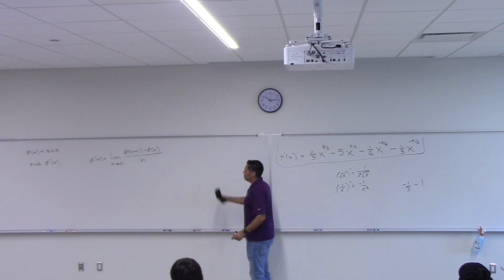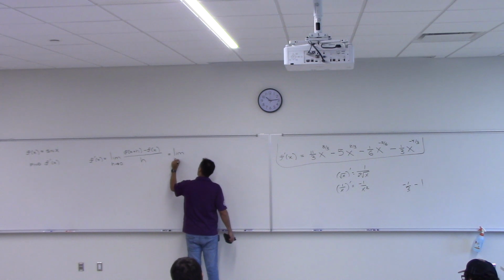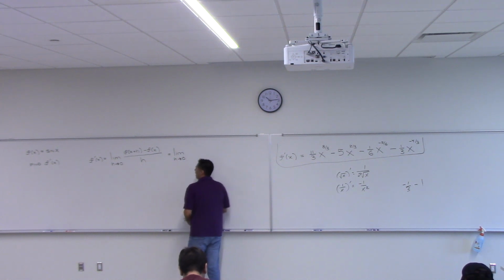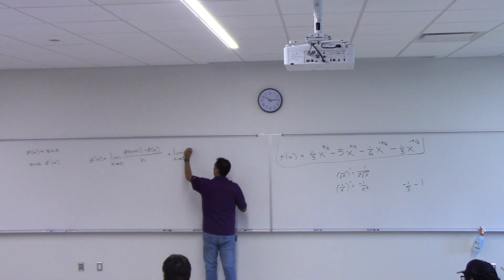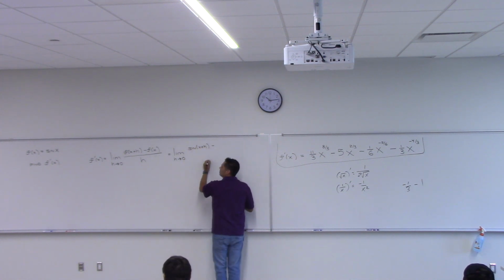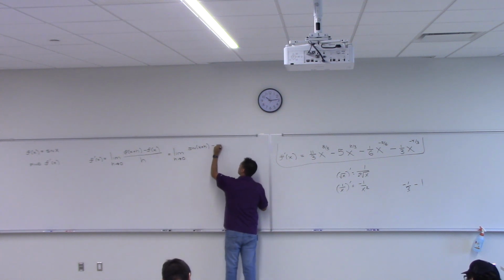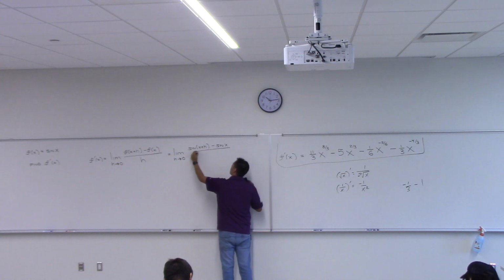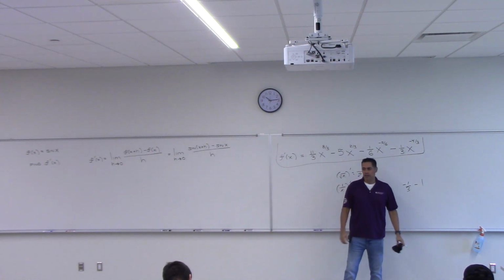So I need to set this up. This will be the limit as h goes to 0, right? What happens when I plug x plus h into this? I get sine of x plus h, right? Minus f of x, sine of x, all over h, right? That's what I get.